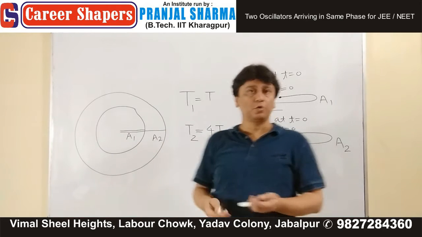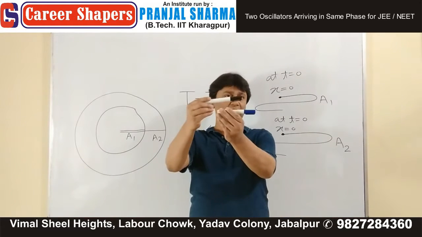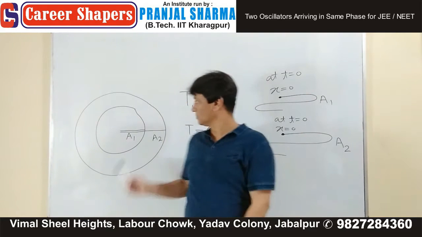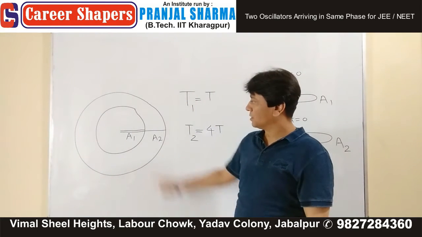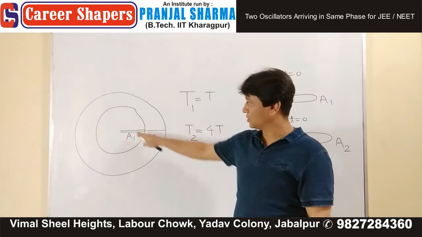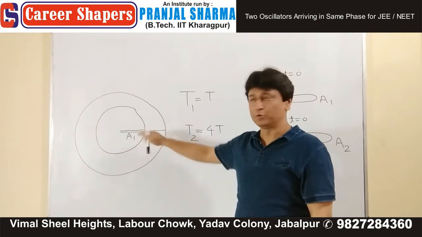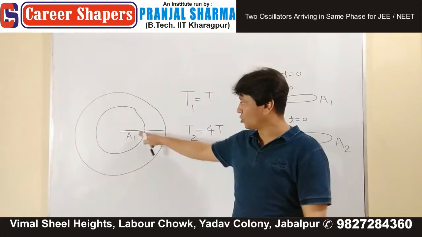So you've got two rods of different lengths, A1 and A2. The upper one is A1 and the lower one is exactly the same position, but just so that you can see it, I've drawn it this way.